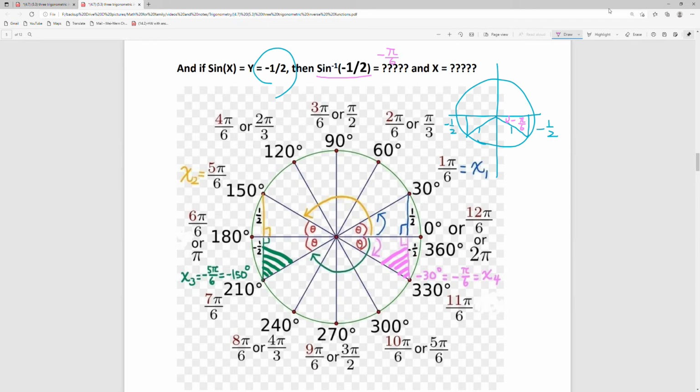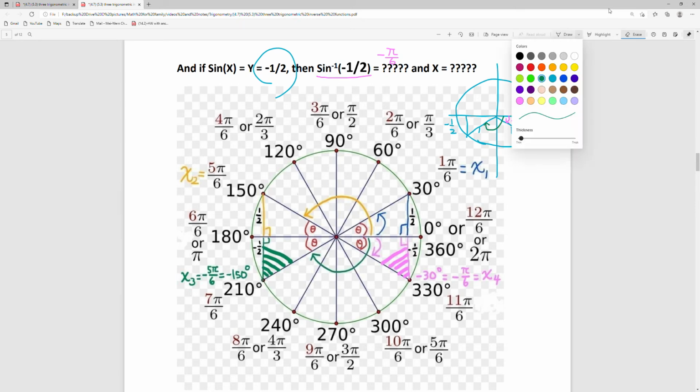Okay, now how about the other angle? The other group, right? For the other group, you can say this one, or you can say this one. That's all your choice, it doesn't matter. But for me, I always choose the smaller value of the angle. So I would like to use a negative angle.